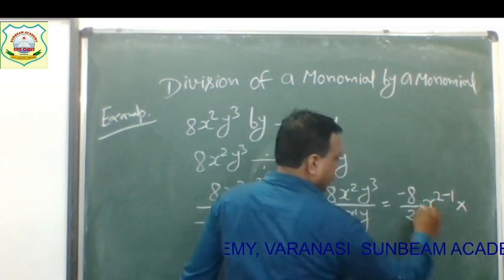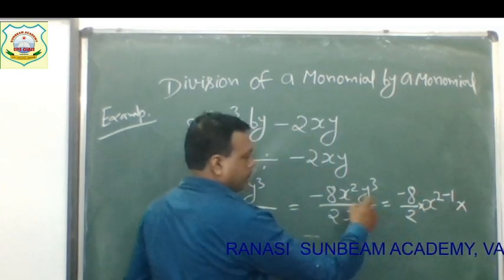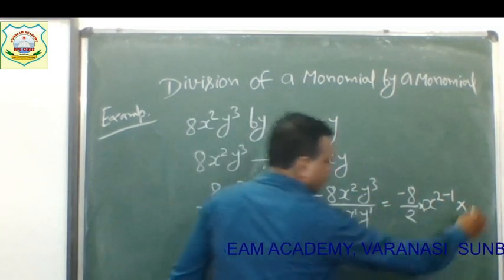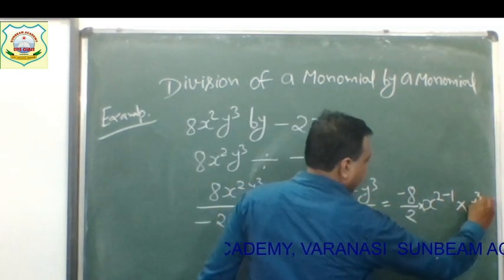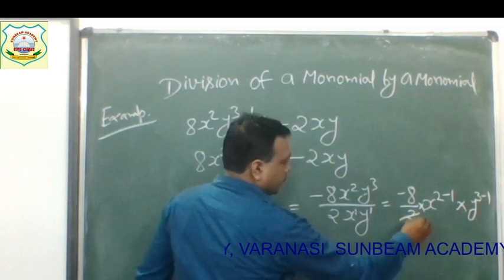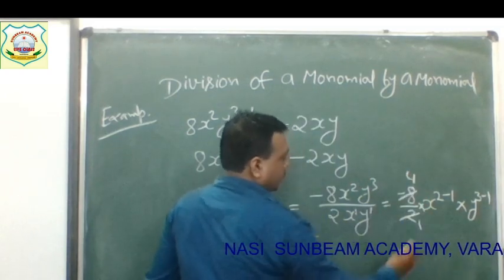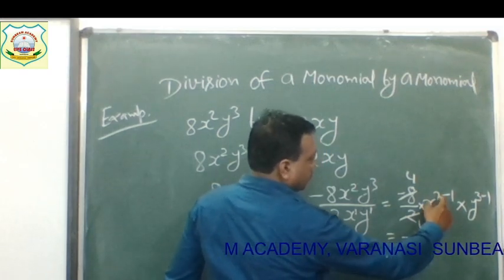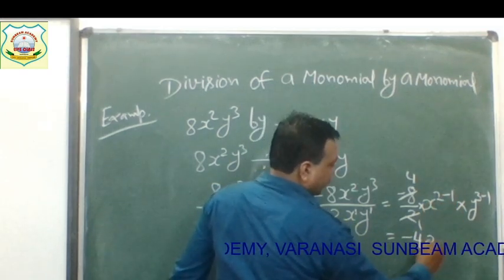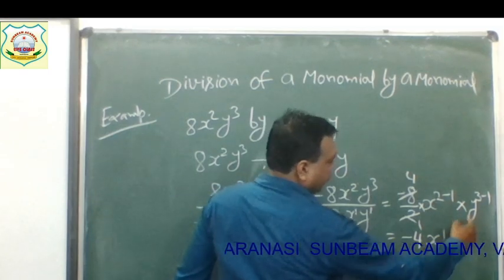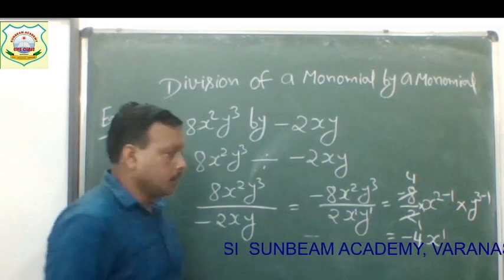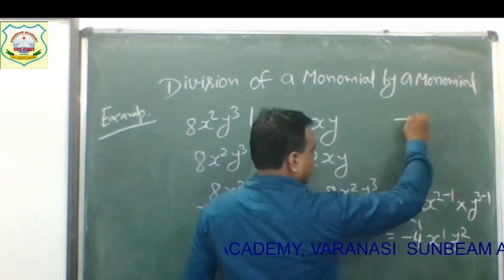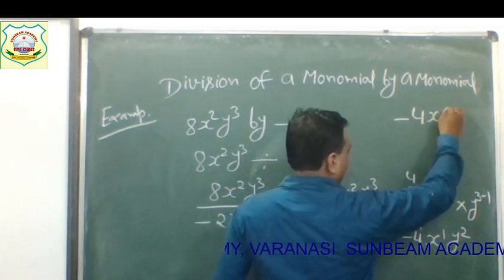And multiply y power 3 and here y power 1, y power 3 minus 1. 8 upon 2 is 4, so what will come? Minus 4. And x power 2 minus 1, that is 1, so only x will come, x power 1. And y power 3 minus 1, what will come? y power 2. So what will the answer be? The answer is minus 4x y square.